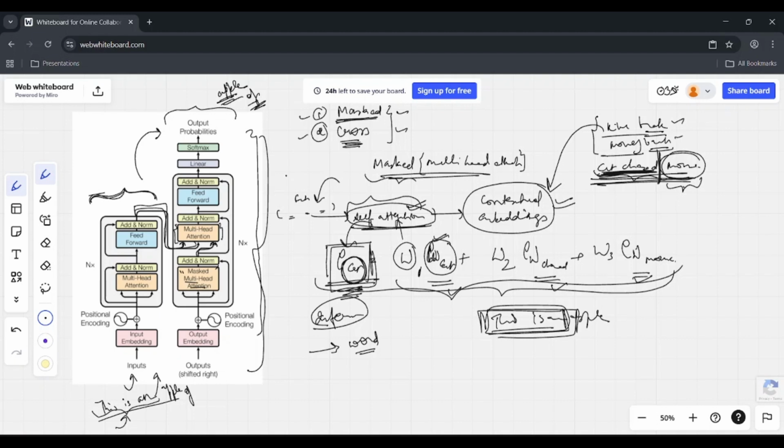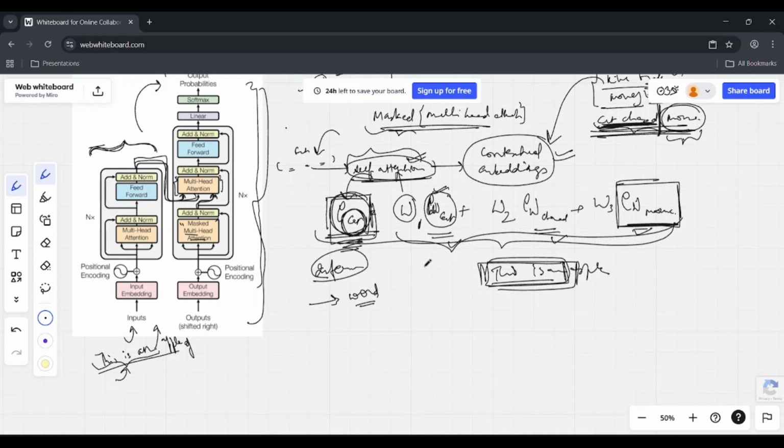So the contextual embedding of "cat" should not be dependent on the word embedding of "mouse," because we don't have this information. That is why we need to incorporate something in our model so that we are not letting our model cheat. Since at the time of inference we will not have the entire sentence, at the time of training we don't want to tell our model the entire sentence. This is the main idea.